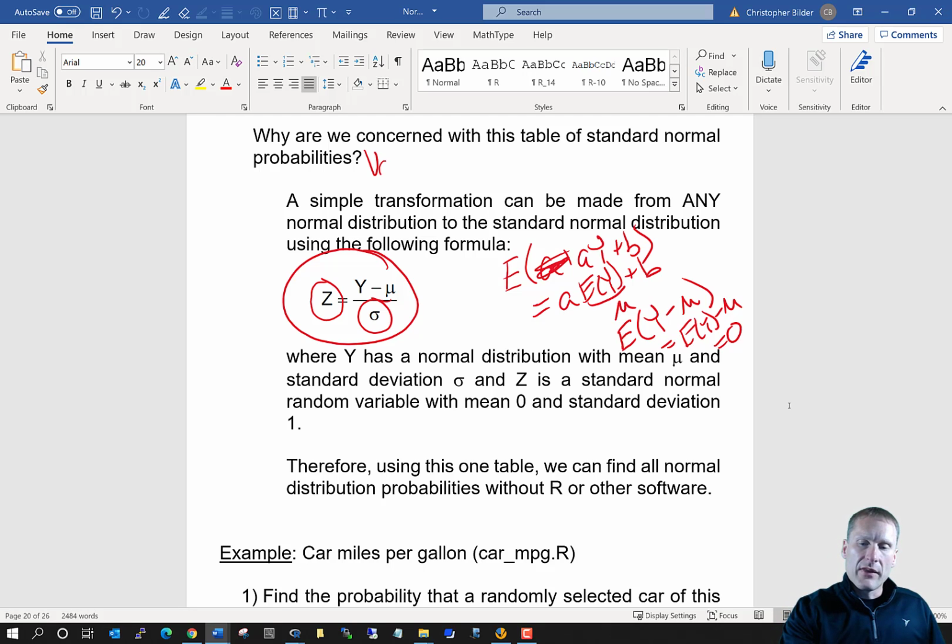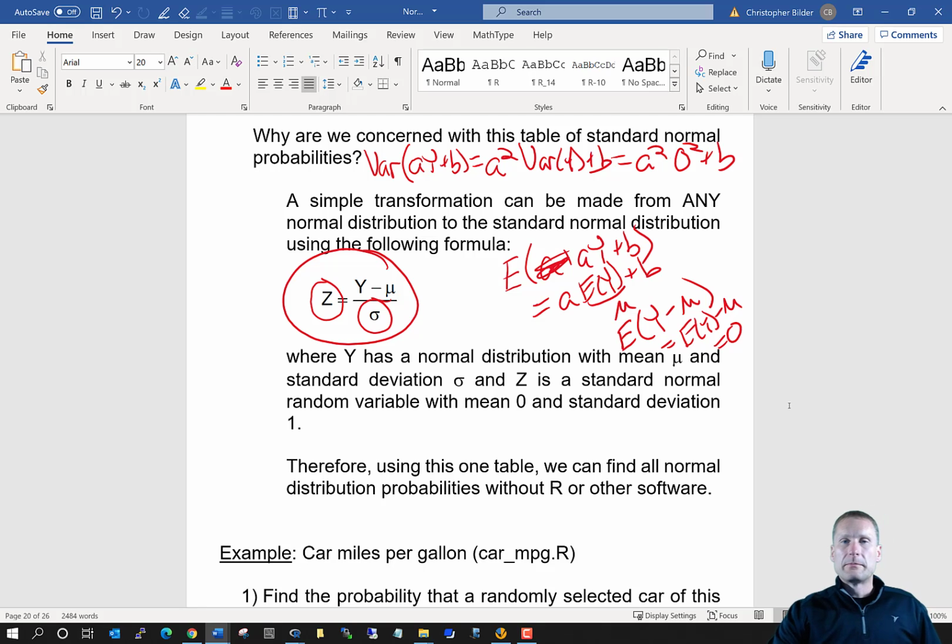Let's instead look at this. The variance of a times y plus b that we looked at before. And we showed that that's equal to a squared times the variance of y, or a squared times sigma squared. Let's apply that now to this particular situation.